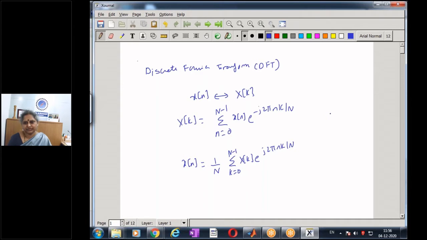So this is the expression for the DFT, while this is the expression for the inverse discrete Fourier transform.